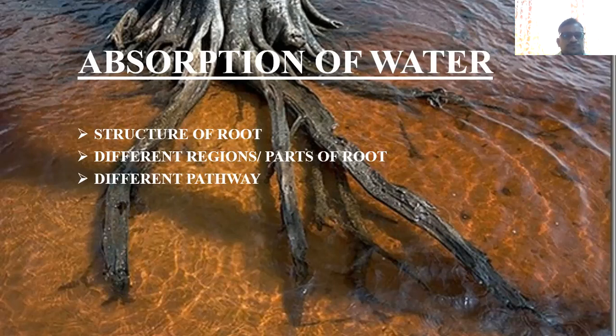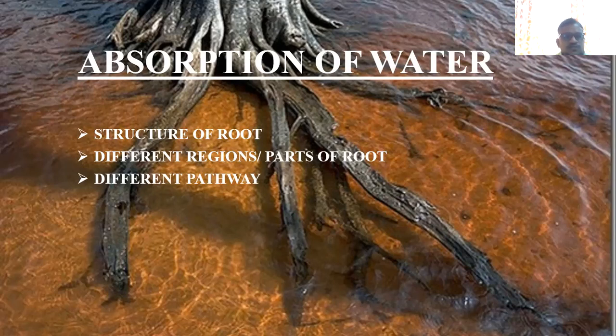So in the absorption of water, a number of organs are included. The roots are there, and in the roots, the part involved is the root hairs. In the root we can also check a particular structure in which different parts have a particular role in the absorption of water.